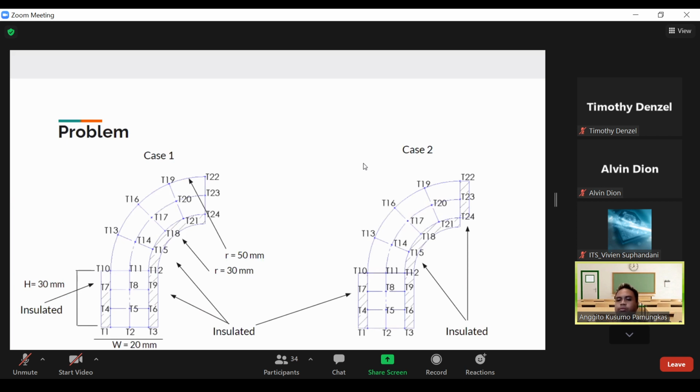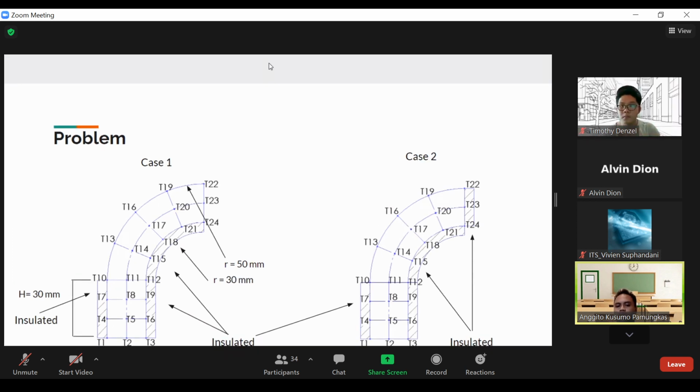In case two, we add insulation at T22 until T24. So we have to find the temperature at each nodal, and we can solve it with PDE and Gauss elimination.